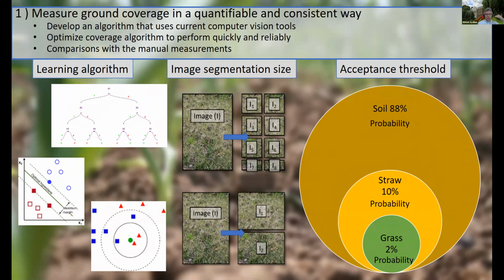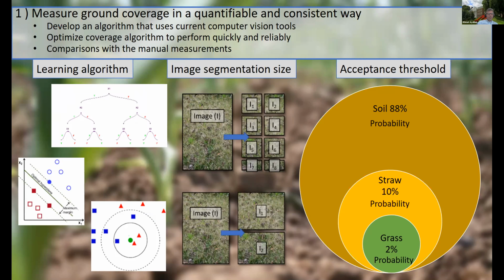I already mentioned the objectives in the earlier slide, but one thing we did is, once we trained this algorithm, we used different types of imaging tools. We heavily relied on MATLAB imaging tools, and we trained the algorithm. And once it was trained, we were comfortable that it was giving us the right values.